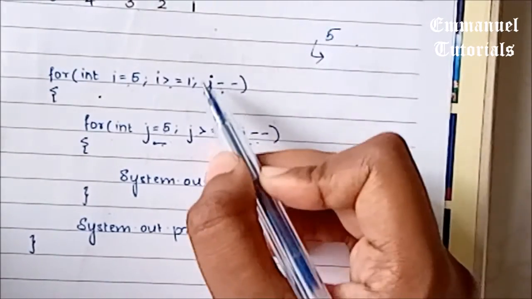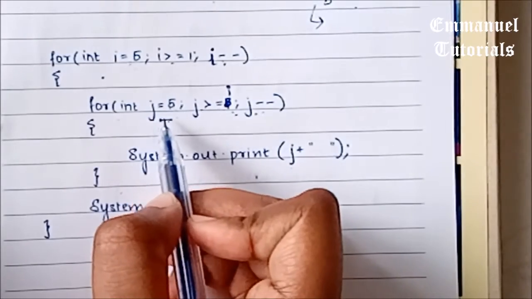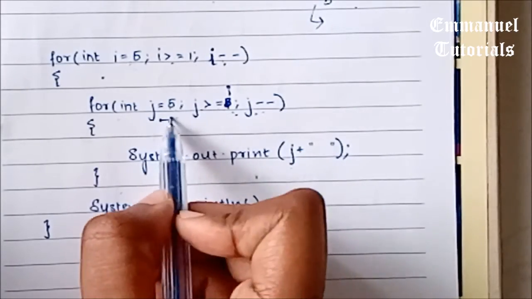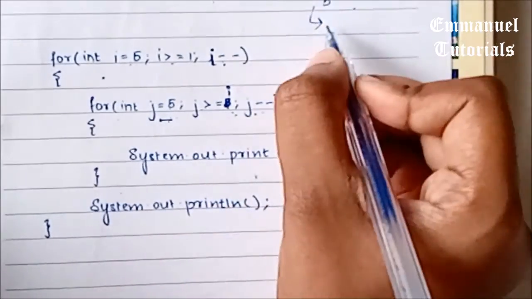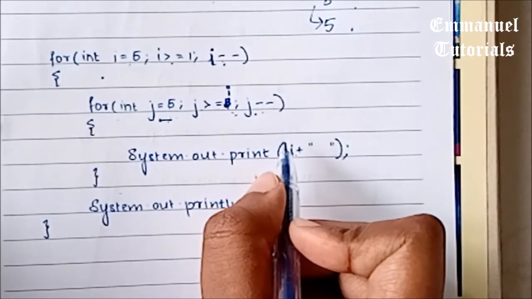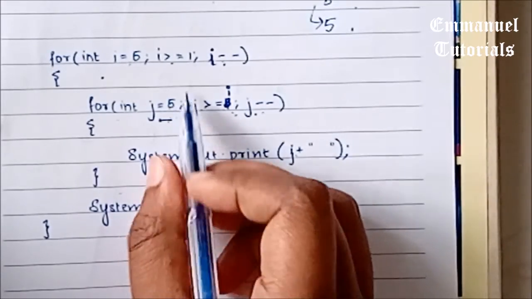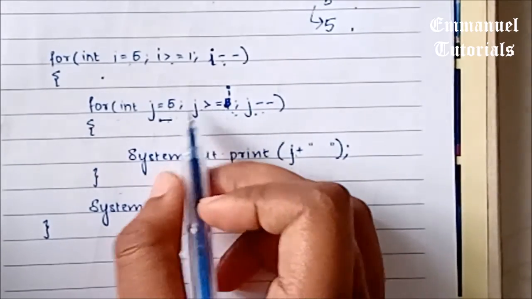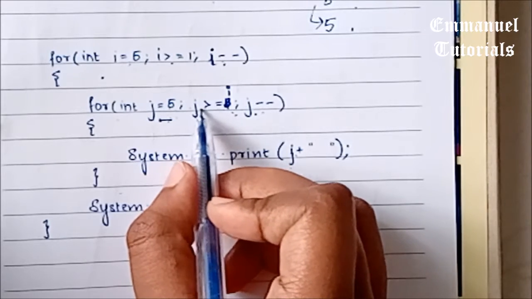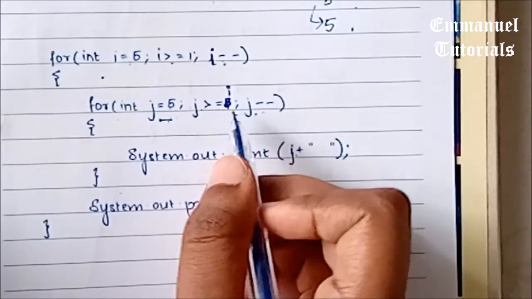So now I has become 4 and J begins from 5. So it comes inside and it prints the value of J, which is 5, and it prints a space. Now J gets decremented, so the value of J now becomes 4. 4 and I is also 4. So it checks the condition: is J greater than or equal to I, which is 4 greater than or equal to 4, which is true.